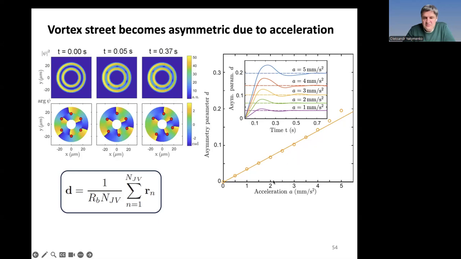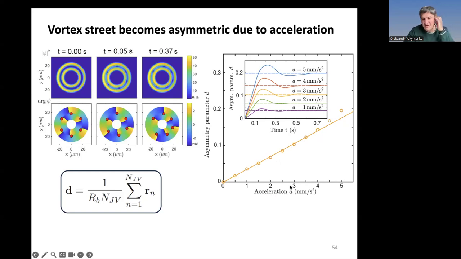So if you make simulations with different acceleration rates, shown here in millimeters per second squared, you can see that for small acceleration rates you have a very simple linear fit to the dependence of the asymmetry parameter as a function of acceleration.